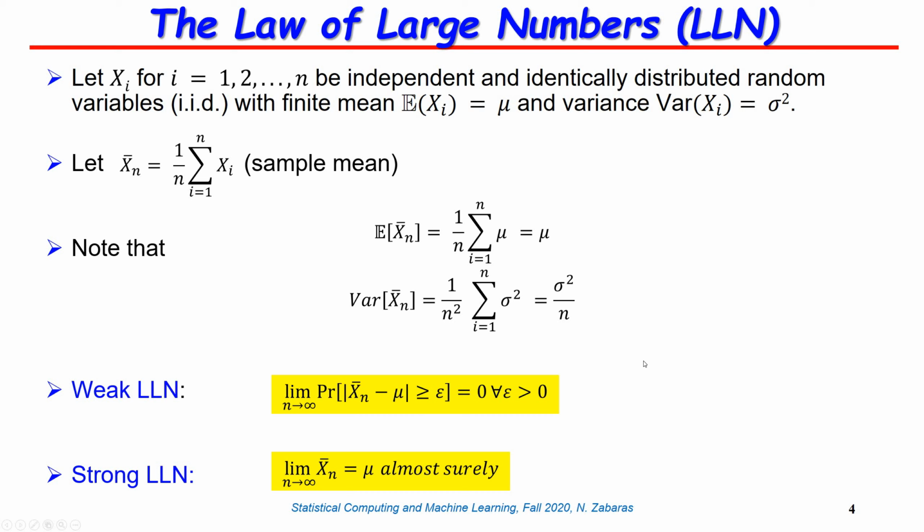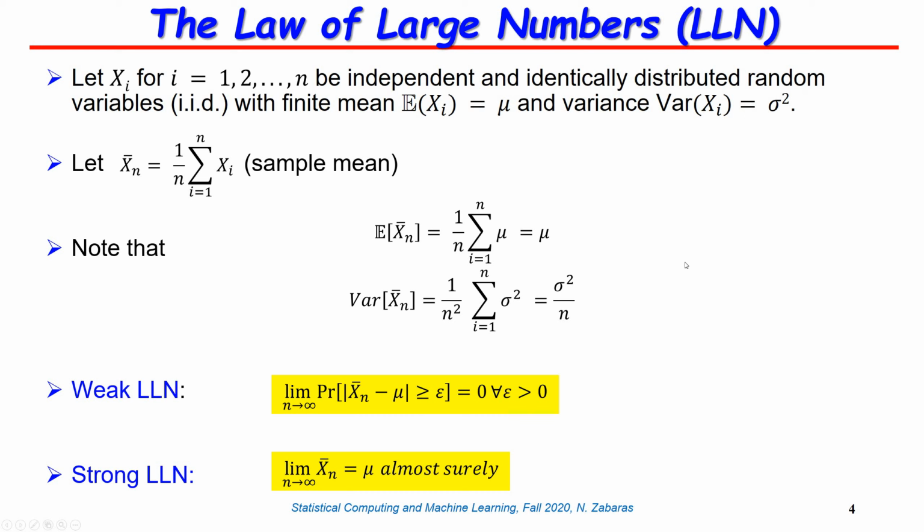So in essence, we can use these laws to infer the parameters, in this case the mean of the distribution. But in general, we should be able to use similar ideas not only to compute from samples what the mean is, but also the variance.